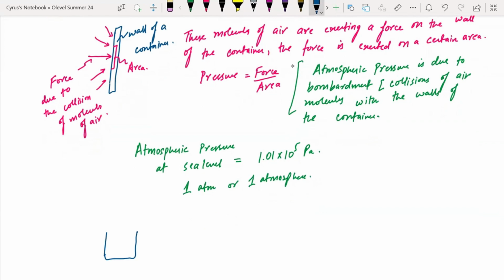Let's say there is a syringe, then atmospheric pressure can help that, right? So basically this is a syringe, for example, like this. So what's going to happen is that the atmospheric pressure will cause the liquid to go up here in the syringe. This is the atmospheric pressure.